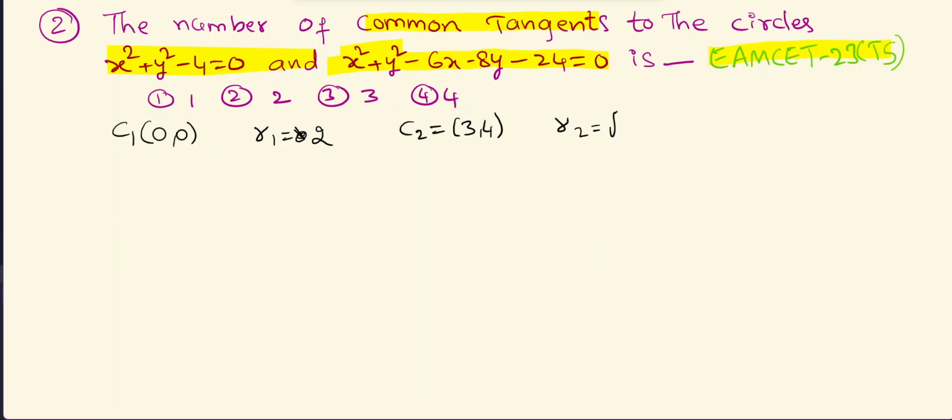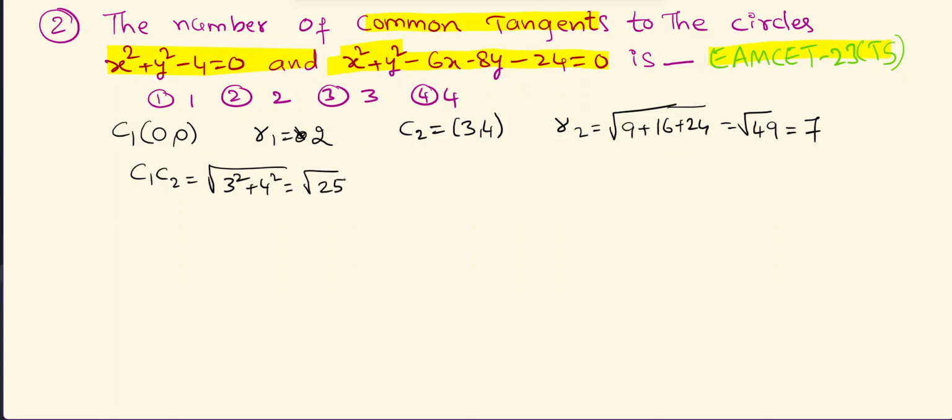Now find the center of the second circle, that is C2 is equal to (3, 4) and R2 is equal to square root of 9 plus 16 plus 24, that is 9 plus 16, 25, plus 24, this is root 49 is equal to 7. Find the distance between the centers C1 C2, this is C1 (0, 0), C2 (3, 4), that is root of 3 square plus 4 square, that is equal to root 25 is equal to 5.